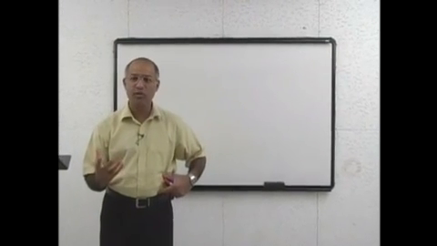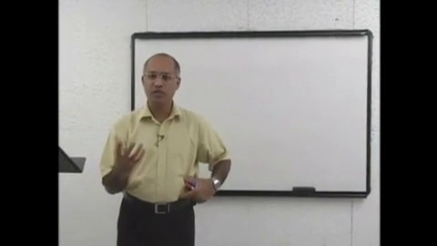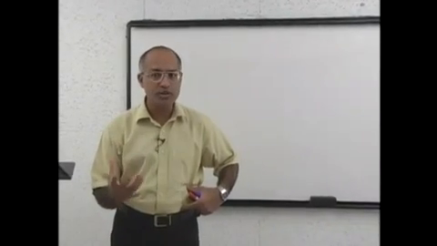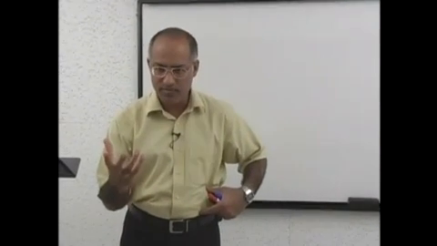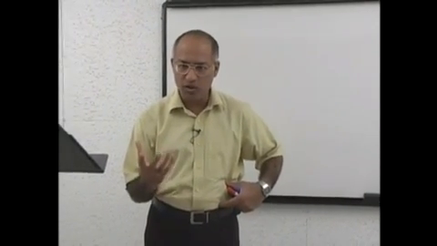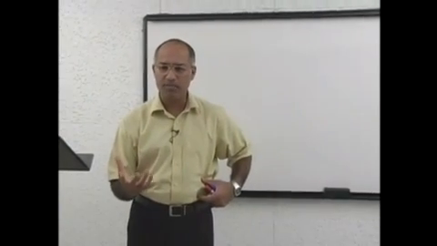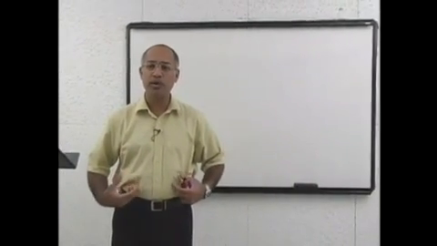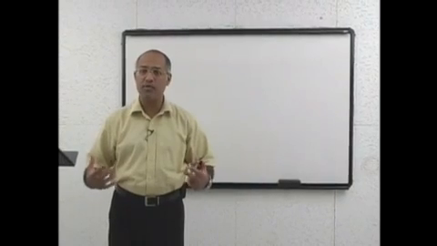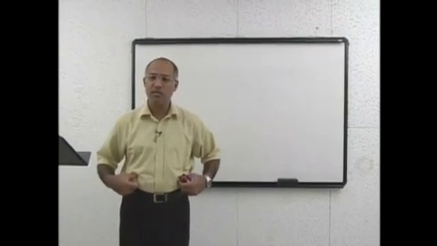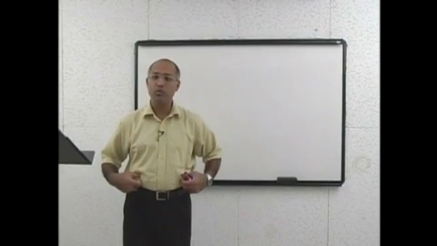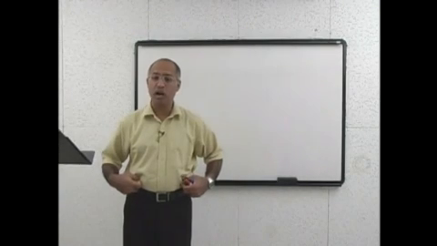Our main discussion today will be about the structure and function of the glomerulus. The glomerulus is mainly the filtration unit of a nephron. As we have about 2.4 million nephrons in both kidneys, we should have about 2.4 million glomeruli.